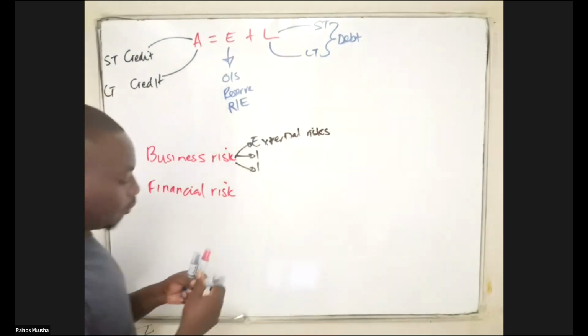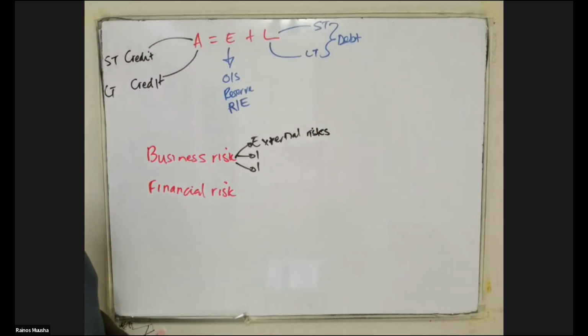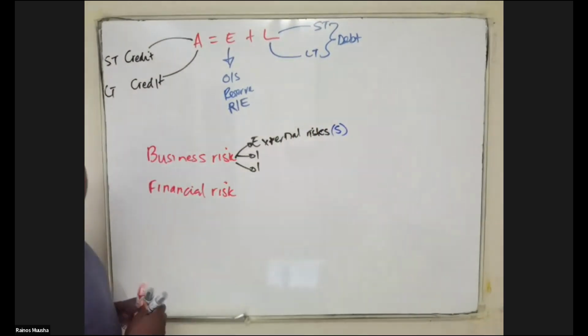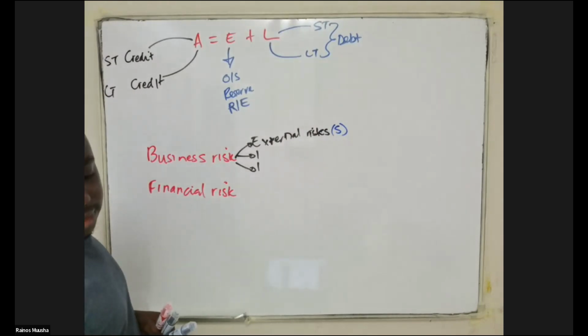And this is what we are going to be covering in chapter 5. Then from there, we are going to be looking at industry risk.